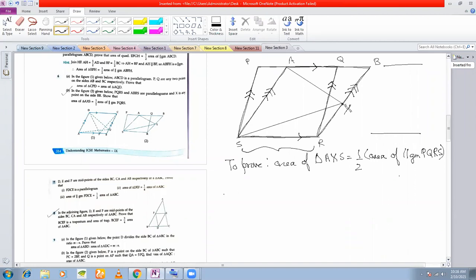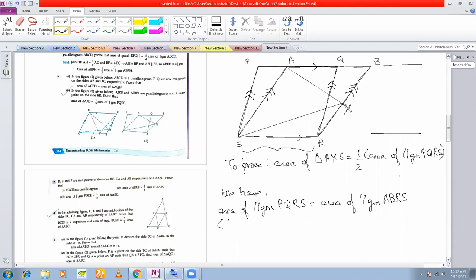So we'll write, we have area of parallelogram PQRS is equal to area of parallelogram ABRS, and we'll give our reason.